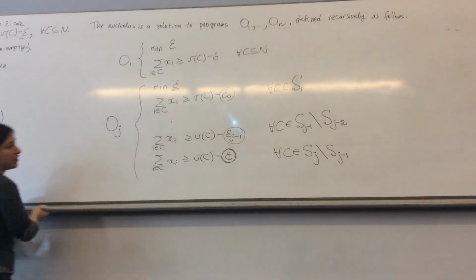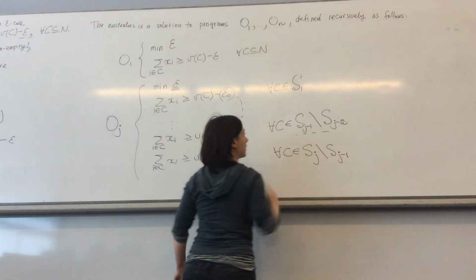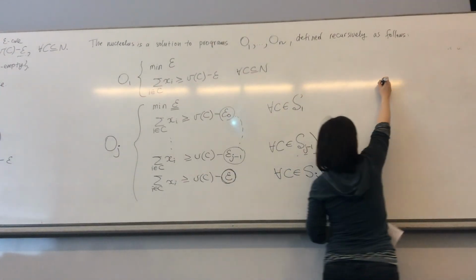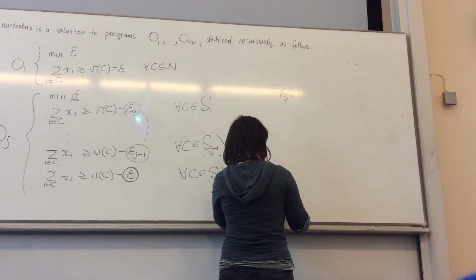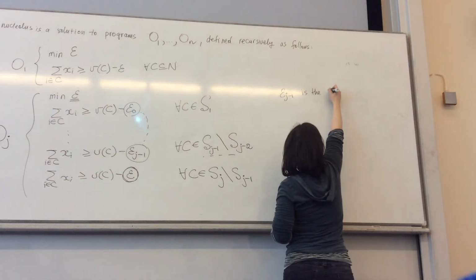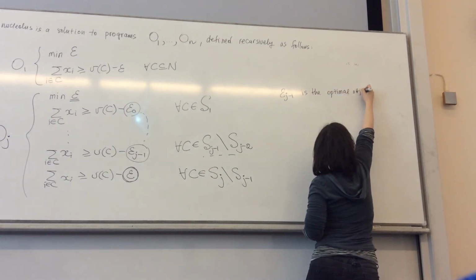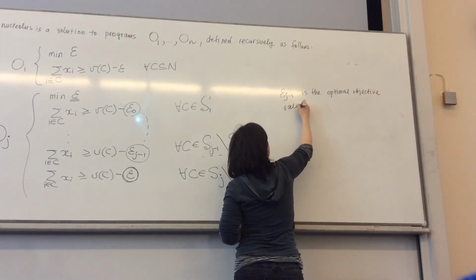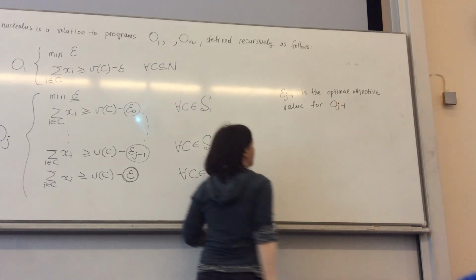Now I have to tell you who are these guys and who are these guys. So epsilon j minus 1 is the optimal objective value for the problem at step j minus 1.